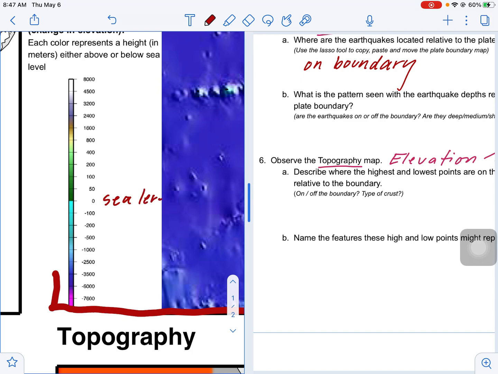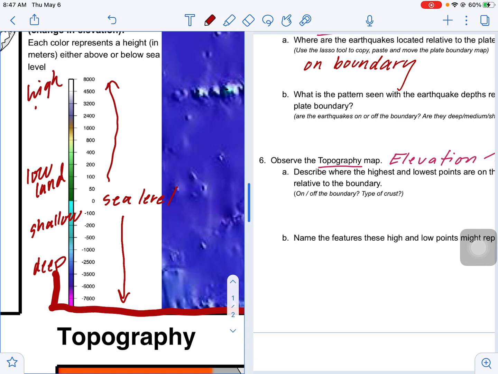That's the ocean level. Anything green and yellow and white, that's land, and anything blue and purple, that's the ocean. So this is shallow ocean, deep ocean, and then here this is low land and high land.